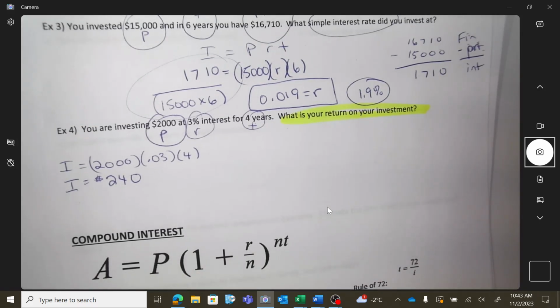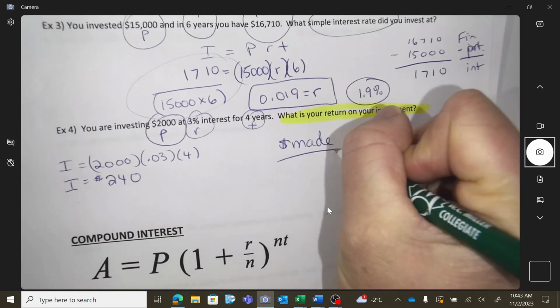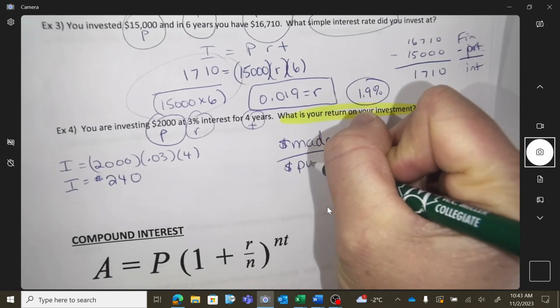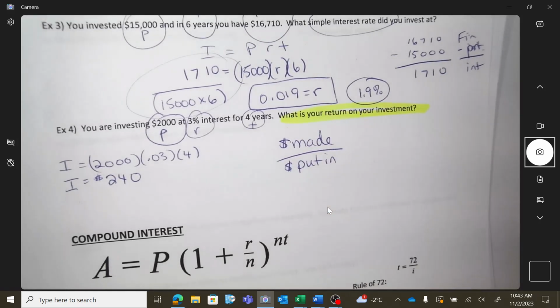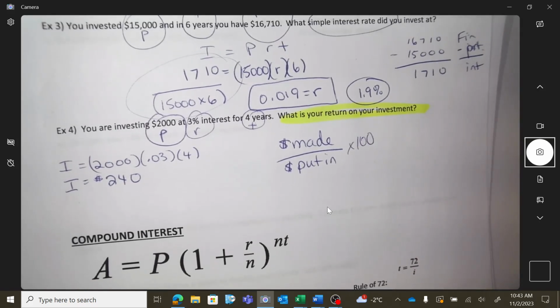Your formula sheet for the exam, the one I gave you at the start of the year, has a really fancy formula. I just treat it like this: the money you made divided by the money you have to put into this. And then you always times it by 100.